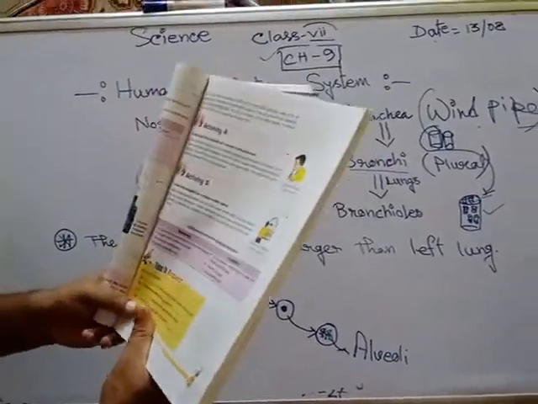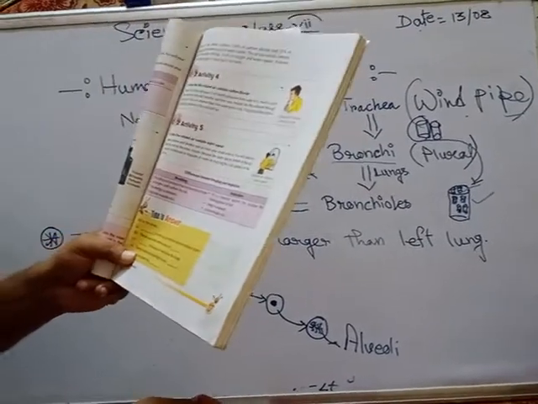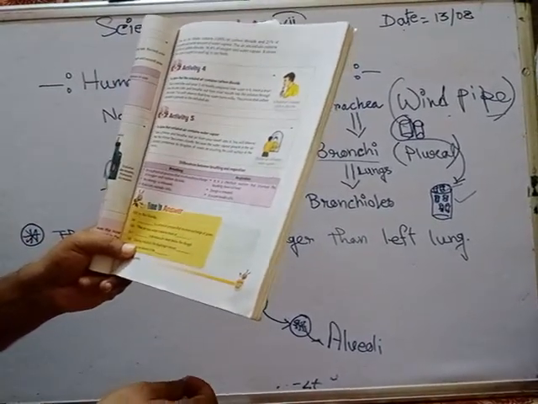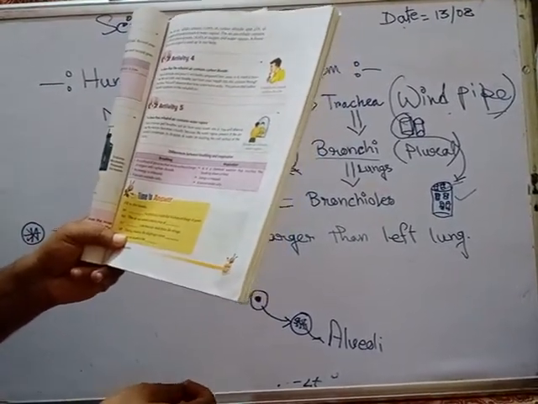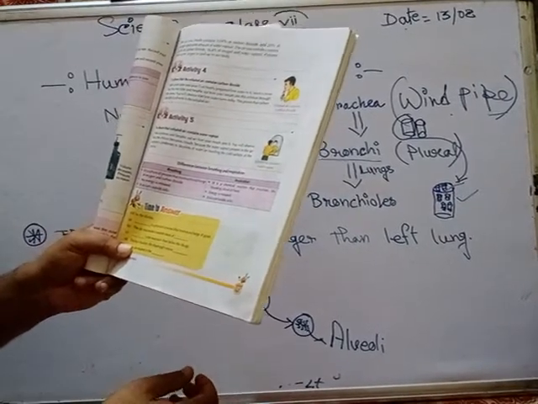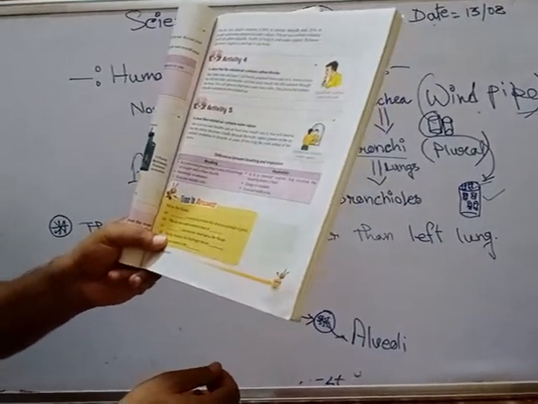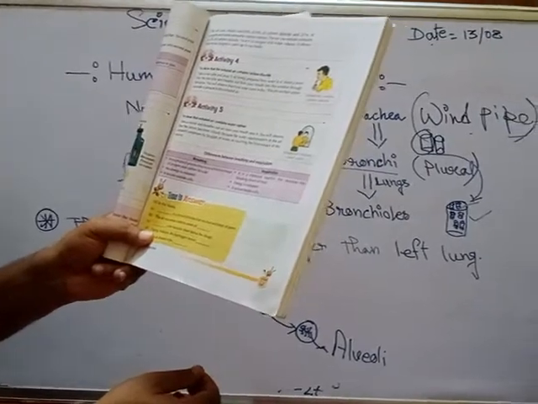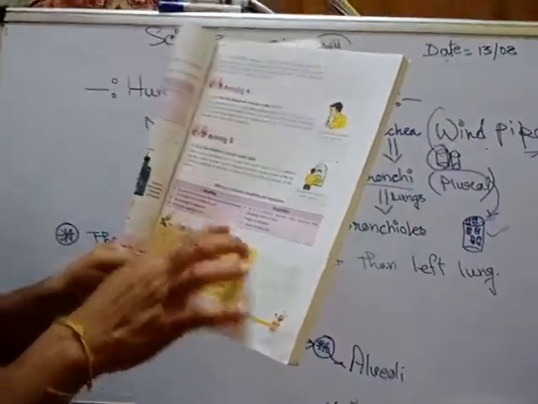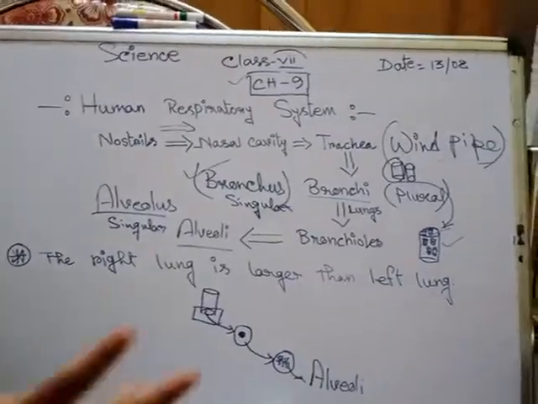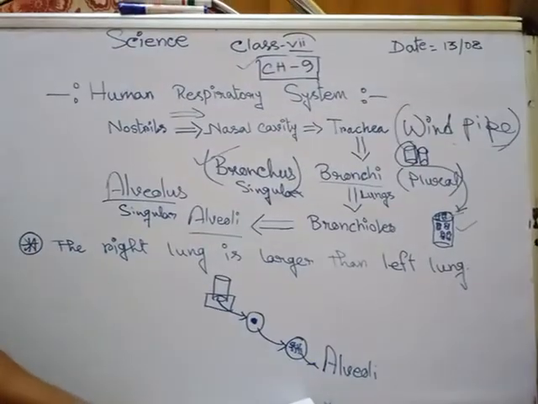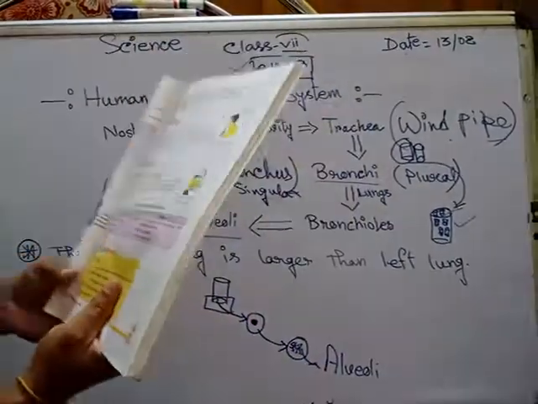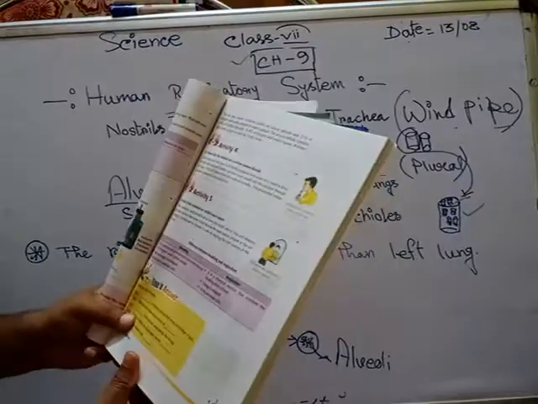Respiration is the chemical reaction that involves the breaking down of food. Breathing is the physical process that involves the exchange of gases: inhalation of oxygen and exhalation of carbon dioxide.